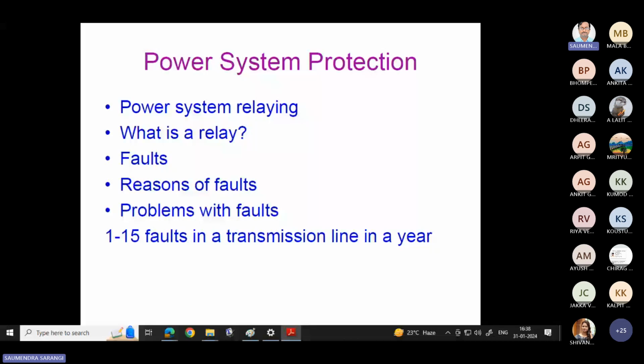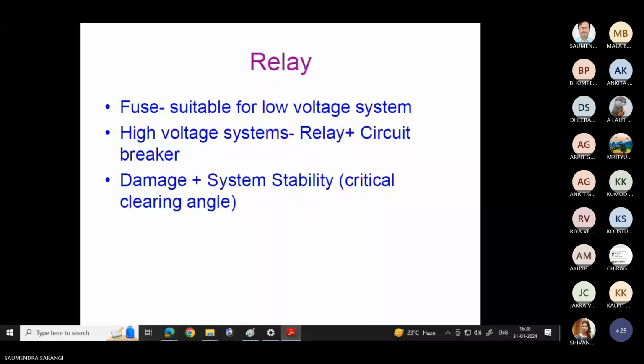Whenever we talk about relays, at low voltage levels like 11 kV and 33 kV, we use fuses. But in a high voltage system, we have a relay plus a circuit breaker. The relay is just there to sense that there is an abnormal condition.